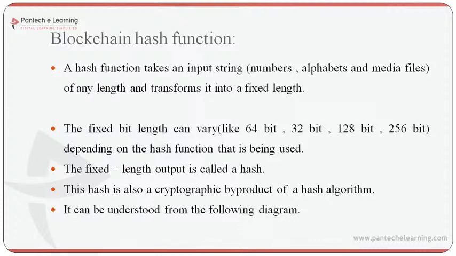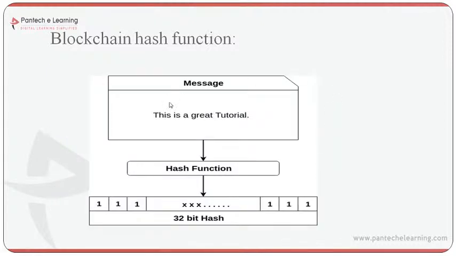Whatever transactions are happening can be a combination of numbers, alphabets and other files, of any length, and it transforms into a fixed length sequence. It is protected by employing various cryptographic techniques.